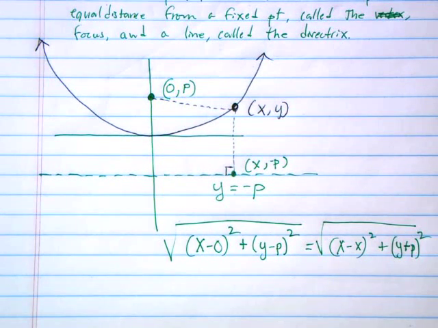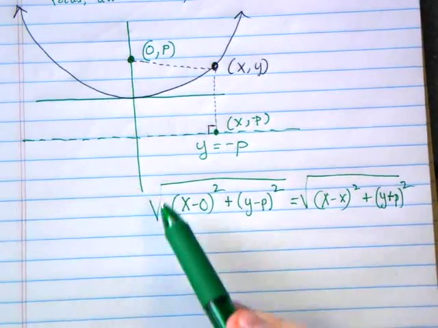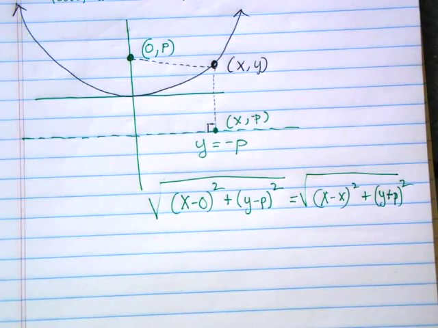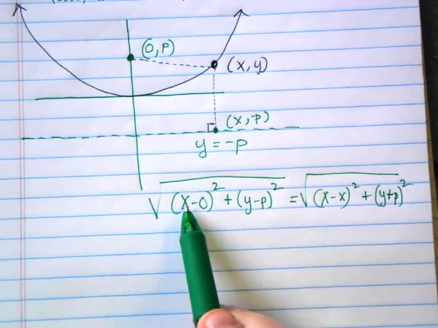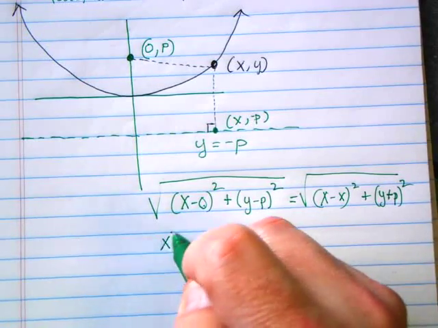Now I'm going to do some algebra here and simplify, and I'm going to end up with a decent little equation. First thing I'm going to do is take this whole equation and square both sides. What happens when I square both sides? I get rid of the square roots. Here, x minus 0 is x, and x squared is just x squared.